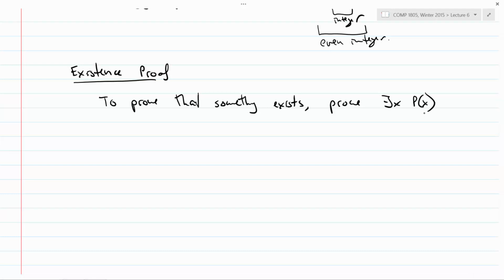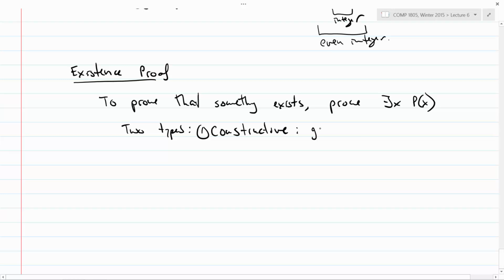There's two types of ways to do that. The first is the constructive way, and that is where you give an a such that P(a) is true.